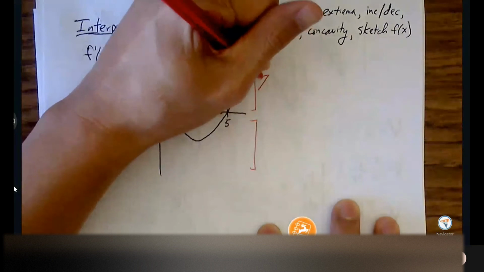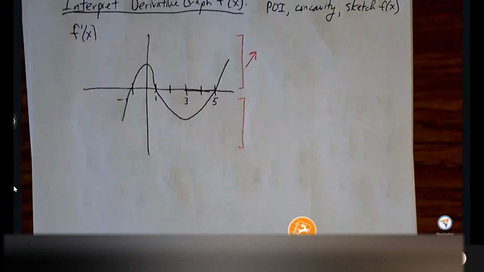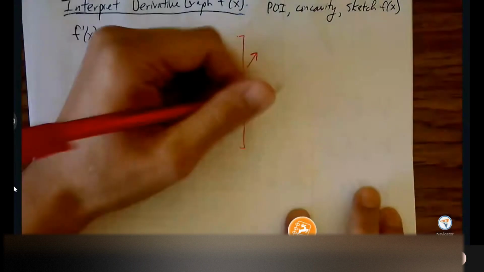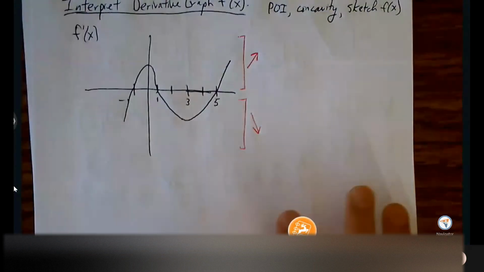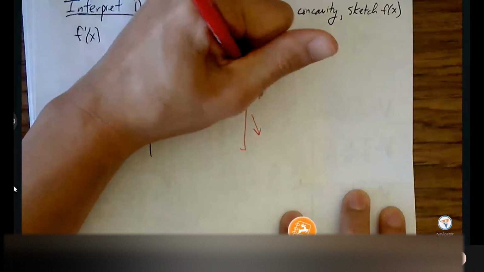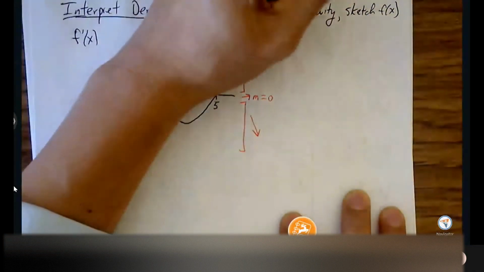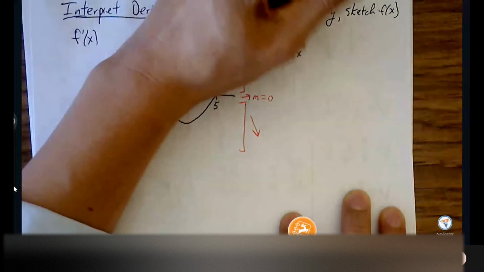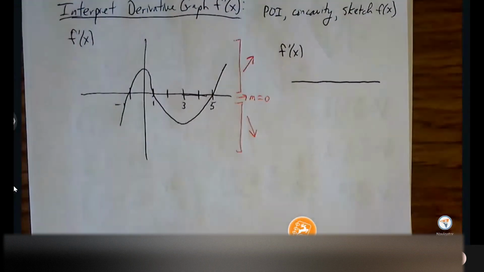Anything above the x-axis corresponds with where my original graph is going to be displaying positive slope. Anything below the x-axis corresponds with negative slope. Anything on the x-axis is where I have slope 0. So I'm going to create a slope sign line so I can see what my original graph may resemble.